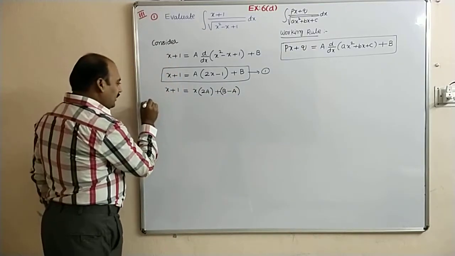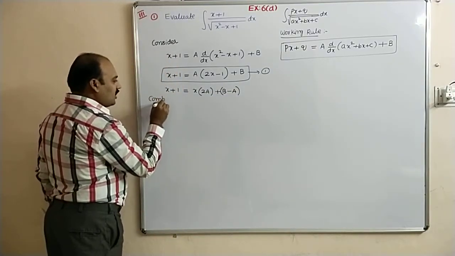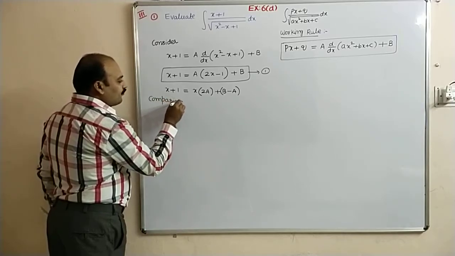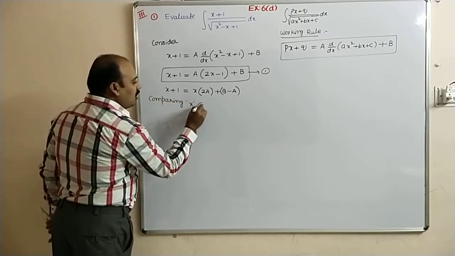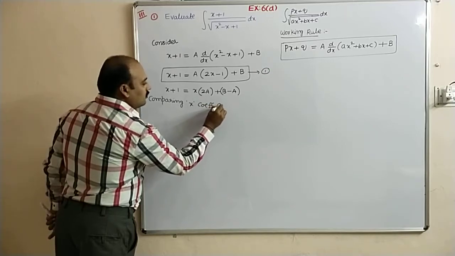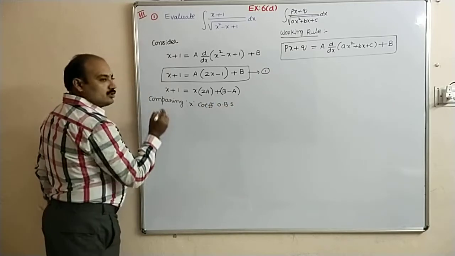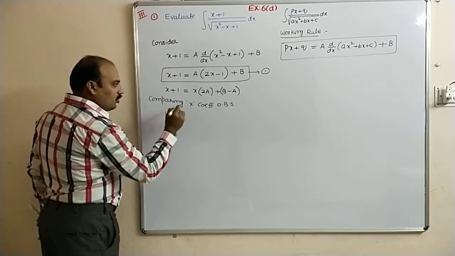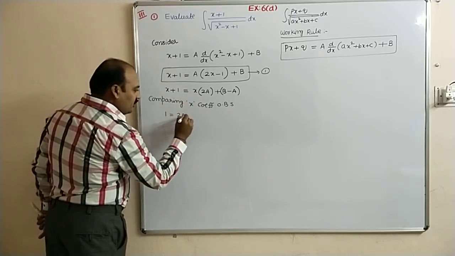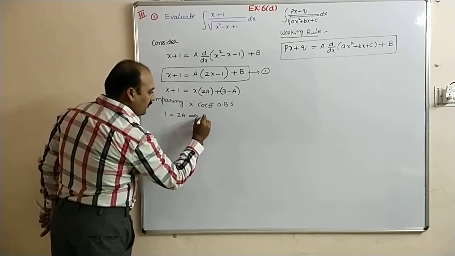So now comparing x coefficients on both sides. The x coefficient is 1 on the left, equal to 2a on the right. That implies that a is equal to 1 by 2.